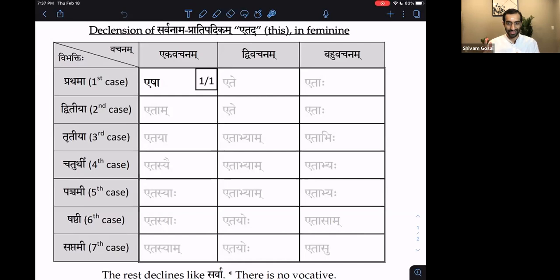Esha, ete, etaha. Second case, etam, ete, etaha. Third case, etaya, etabhyam, etabhihi. Fourth case, etasyai, etabhyam, etabhyah.